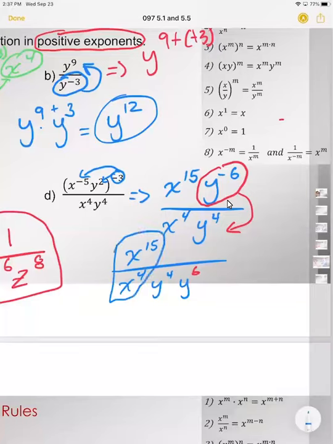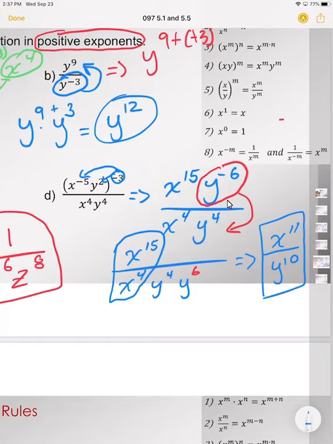Okay. So once you have this, hopefully you see that we have the x, and the x is divided. And if it's divided, we need to subtract the exponent. And if we subtract the exponent, do you agree that 15 minus 4 will give me x to the 11, and x to the 11 will be on the numerator. The y here is on the denominator, so I have to still keep it on the denominator. I cannot move it to the numerator if it's on the denominator. One thing is, don't move.